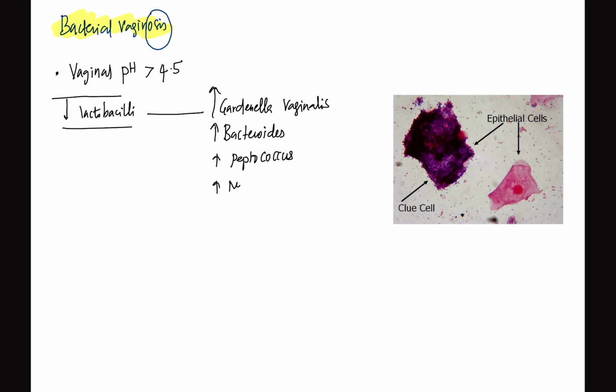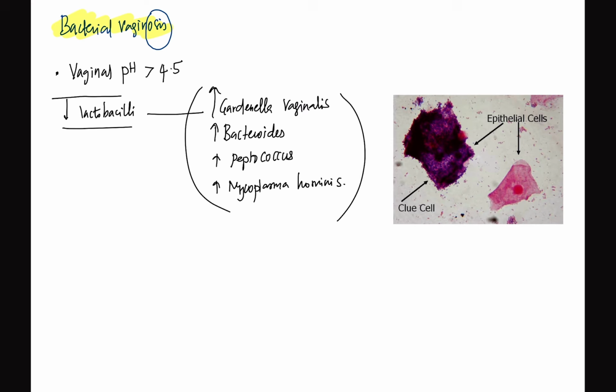Even Mycoplasma hominis will increase. Whenever the vaginal pH is high, whenever the acidic environment is lost, whenever there is a decrease in lactobacilli, the other counterparts, they will increase and they cause vaginal infection.